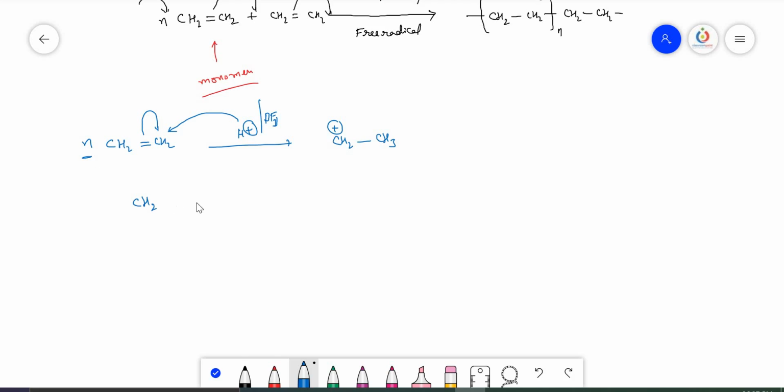So the same cation formed from the initial step will act as a catalyst for the next reaction. Now it is also positive, just like here. This positive one attacks here, so you can see how the length of the molecule increases. CH2 CH2, next CH2 CH3, and this will attack another ethylene molecule.